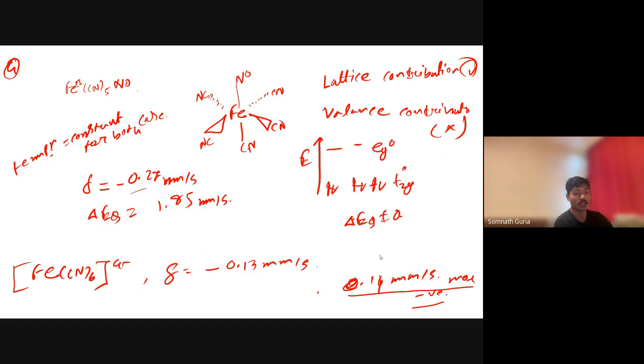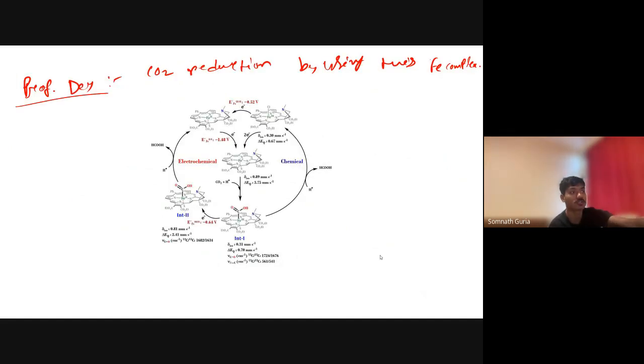Okay, and then we went through one mechanism from Professor Dey's group. They tried to trap some intermediates during catalysis, and they were able to detect an iron 3 carbon dioxide bound system by Mossbauer spectroscopy, as well as iron 2.